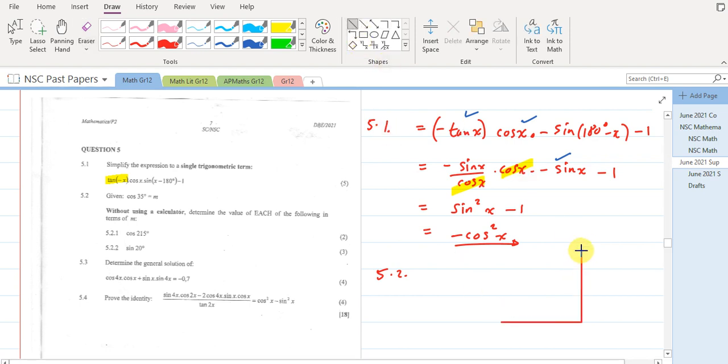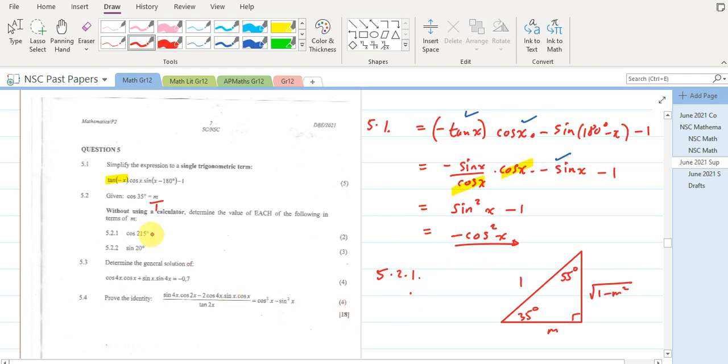We have 35 degrees here, and on the top we should have 55 degrees, which gives us 90. Cos of 35 degrees is equal to m over 1, adjacent over hypotenuse, so the opposite is the square root of 1 minus m squared.